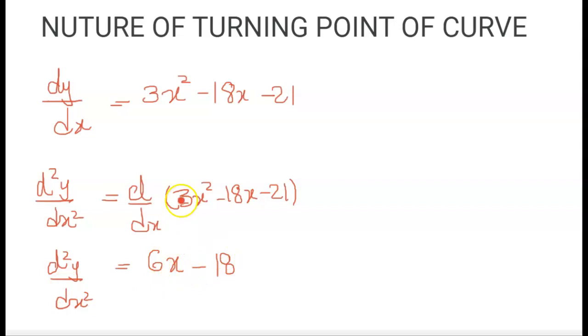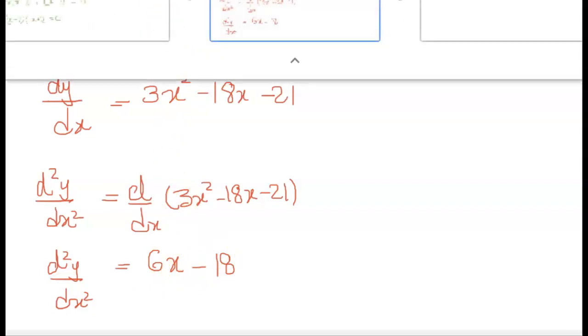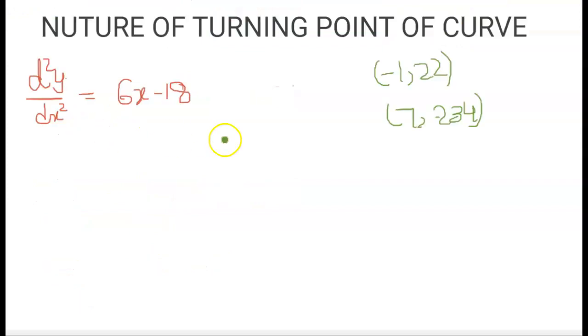I need to find the nature of the turning points. What kind of turning point is that? Is that a maxima or a minima? To do that, I need to put in the two points. Now I got the second differential, and these are the points. The only thing I'm concerned with is the x. First, I'm going to check this point.